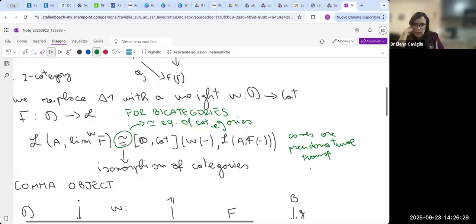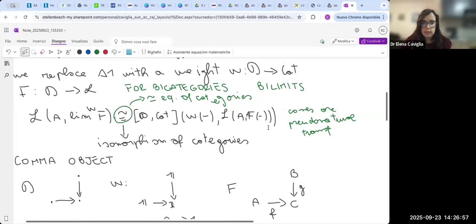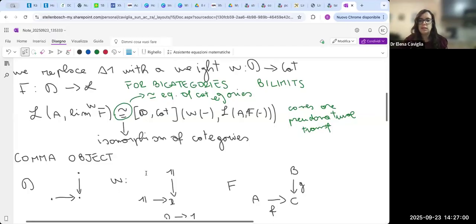And what we have is the notion of bilimit. So we're not going to see this in detail, but this is what we get. And of course, we can also consider bilimits for two categories because they are special bicategories, and some bilimits are indeed used. For example, there is a bilimit version of the comma object that is called bicomma object.